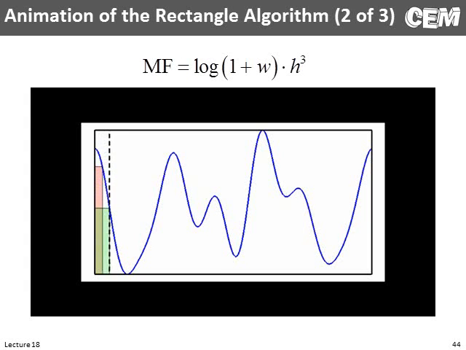So let's suppress the importance of the width and promote the importance of the reflection. So we have a new merit function, and let's see where it finds the best. We're running the exact same algorithm, we just have a different merit function now.